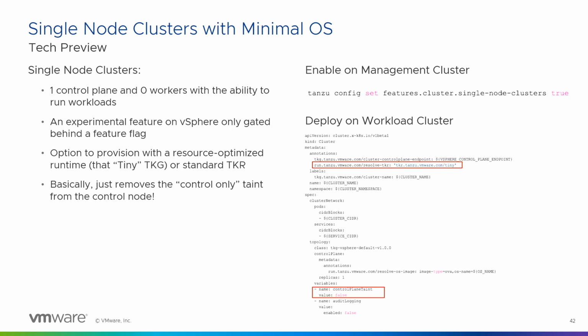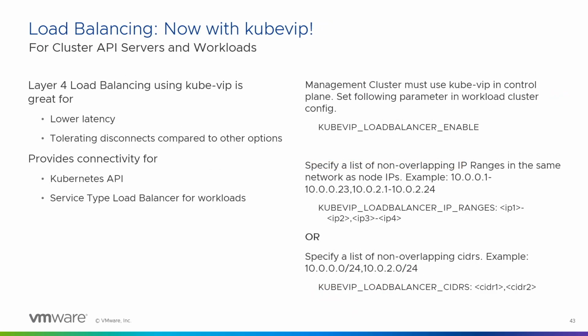This collapses that to a single VM, where it's both a control plane node and a workload, and it gives you the API and a deployment topology for maybe a handful of containers. So that's an area where we've shrunk the architecture. That was one of the improvements since last year.